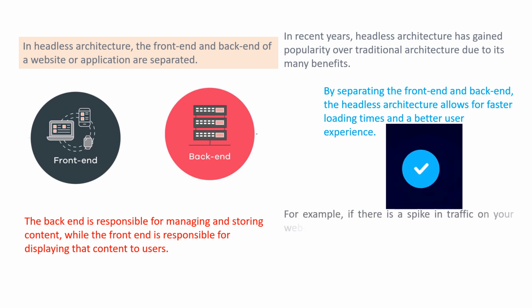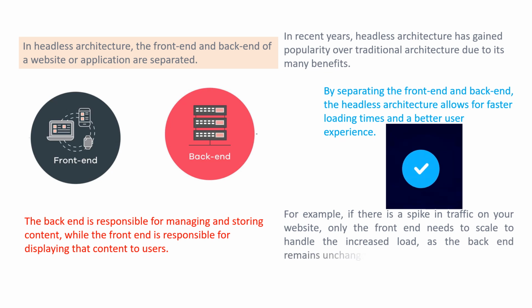How is this happening? For example, if there is a spike in traffic on your website, only the front end needs to scale and handle the increased load, as the back end remains unchanged since they are separated. So, by separating we can gain advantages like this.